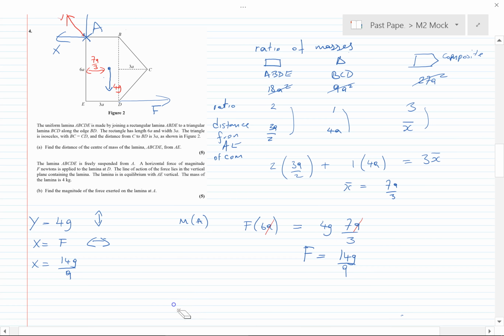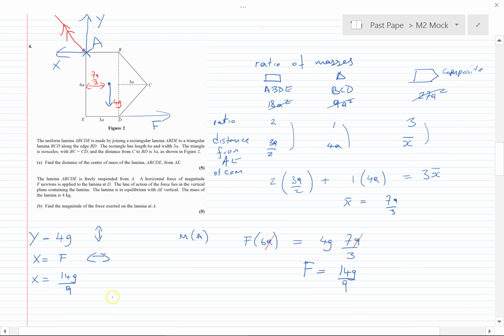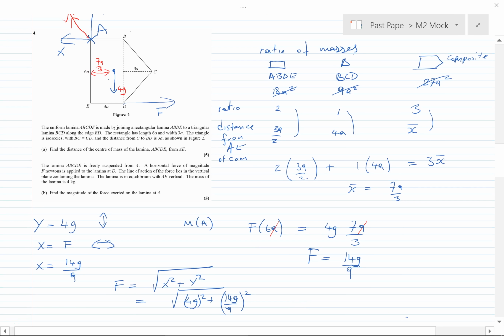So that means that the overall force, using Pythagoras' theorem, is the square root of x squared plus y squared, which is equal to the square root of 4g squared plus 14g over 9 squared. And if I work that out, I get 42.1 newtons, or 42 newtons to two significant figures.